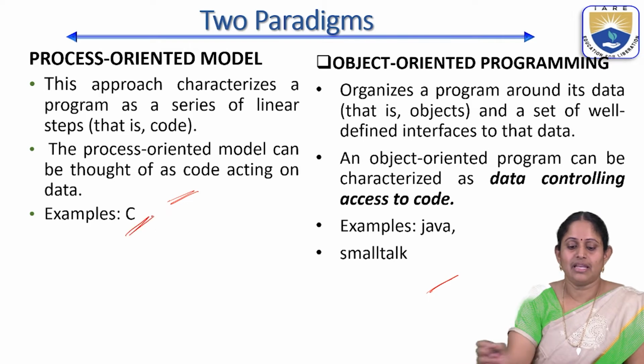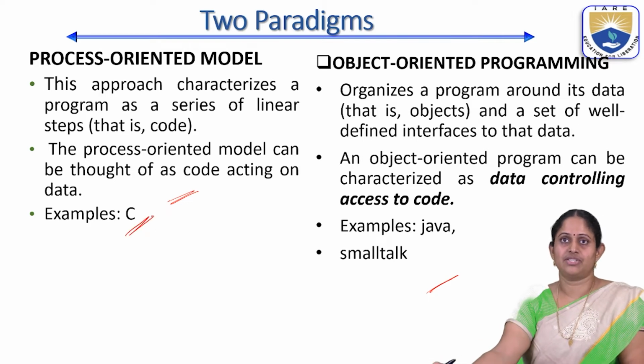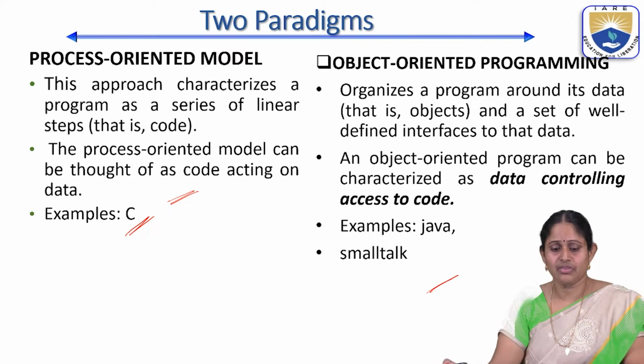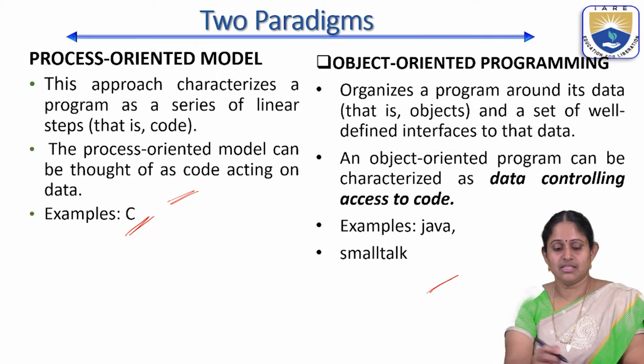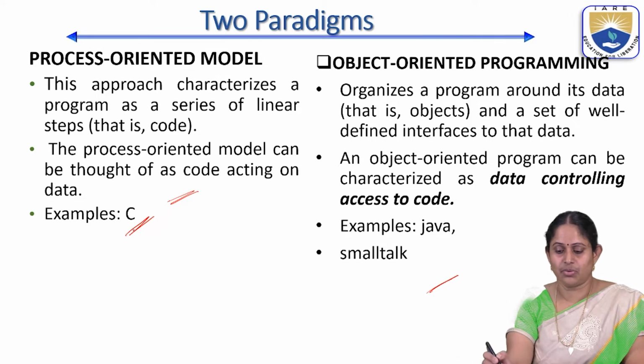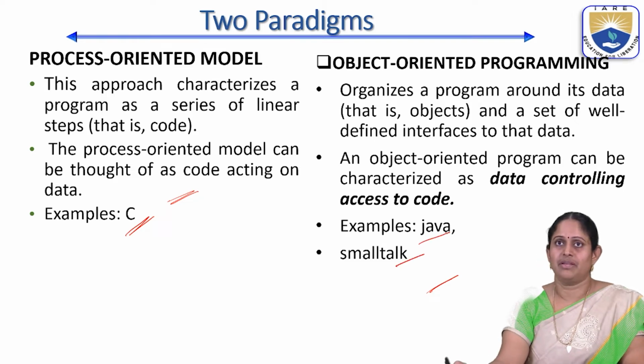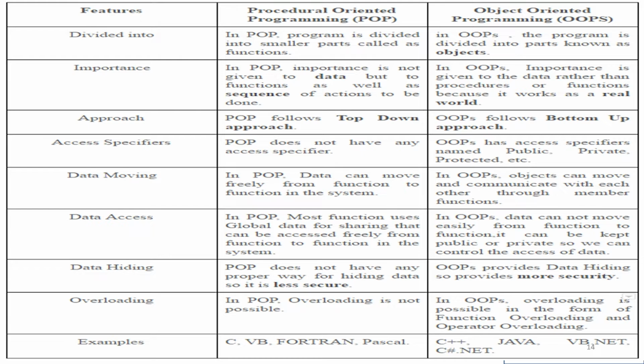The main example is C programming, which follows process-oriented, and Java and Smalltalk are object-oriented programming. Process-oriented programming is also called procedural-oriented programming.